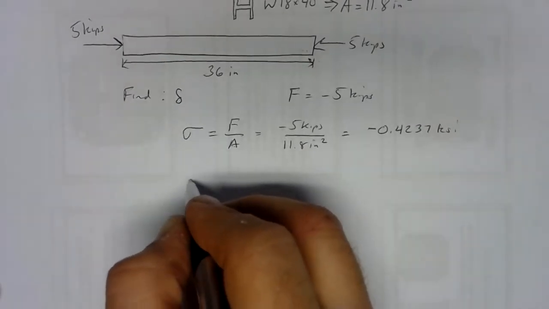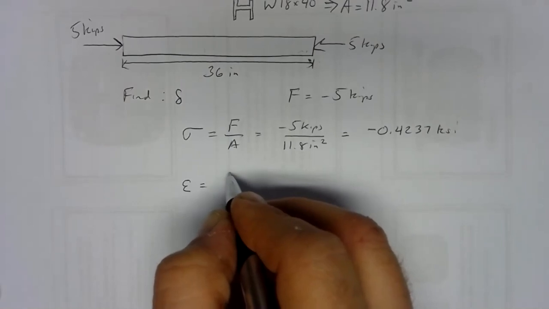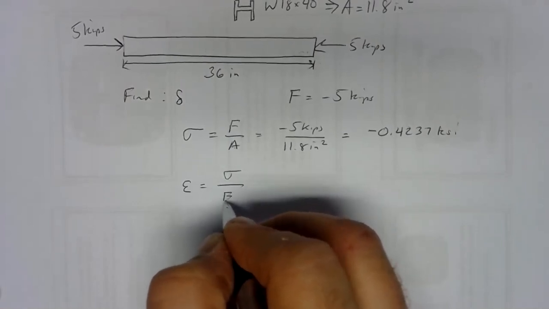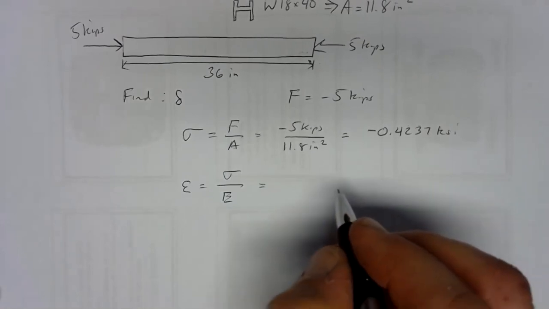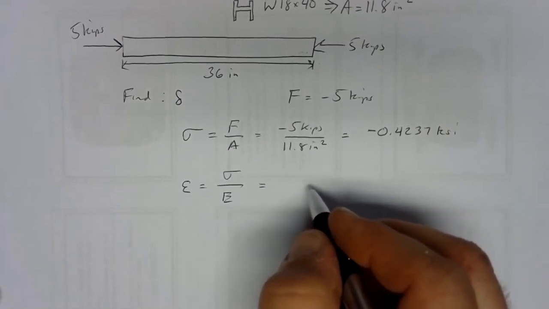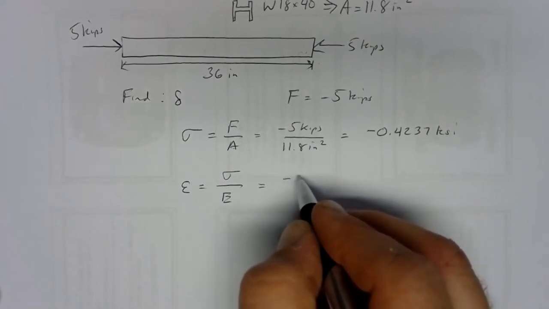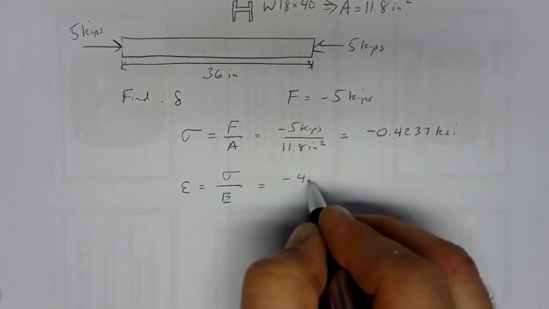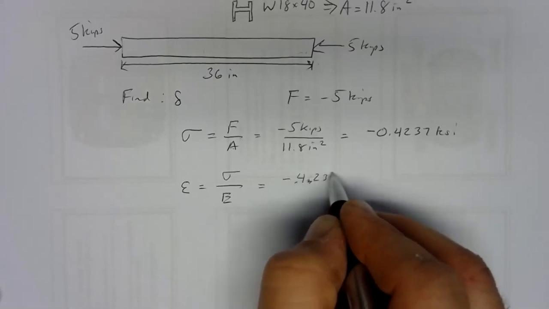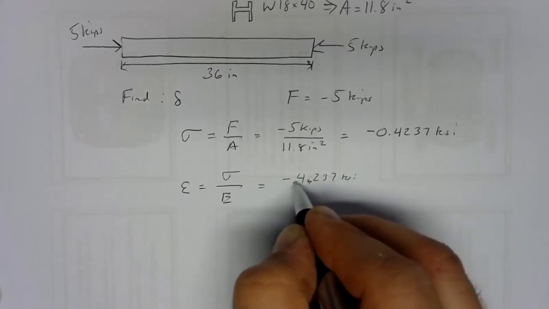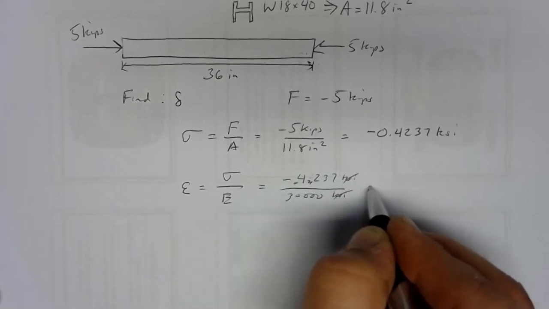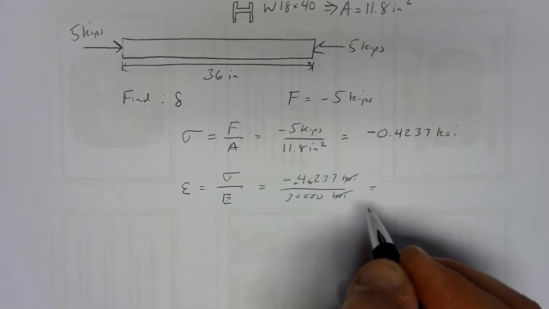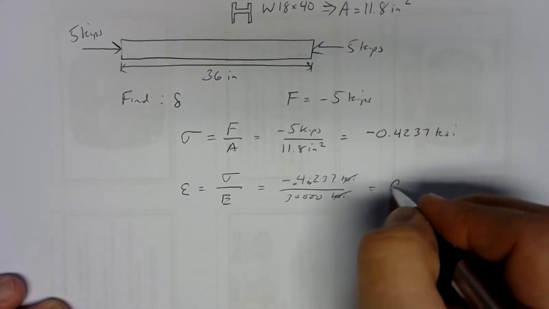So for our strain, we'll get our strain from our stress divided by the Young's modulus, and we'll stay with our A501 steel. So we'll stay with the 30,000 KSI. Excuse me, -0.4237 KSI divided by 30,000 KSI. So that divides out to be a fairly small number.